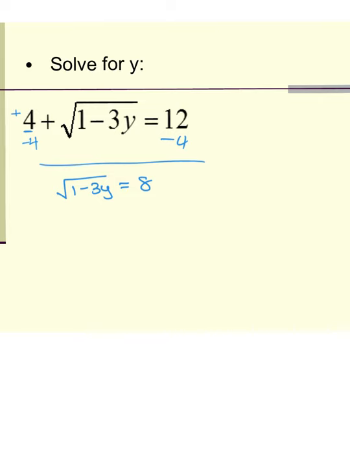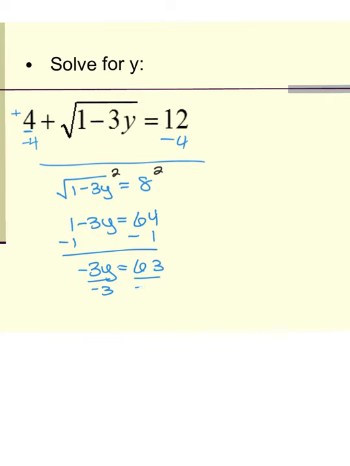Again, the opposite of square rooting something is squaring something. So now I have 1 minus 3y equals 64. I'm going to subtract 1. I get negative 3y equals 63. If I divide both sides by negative 3, I get that y equals negative 21.